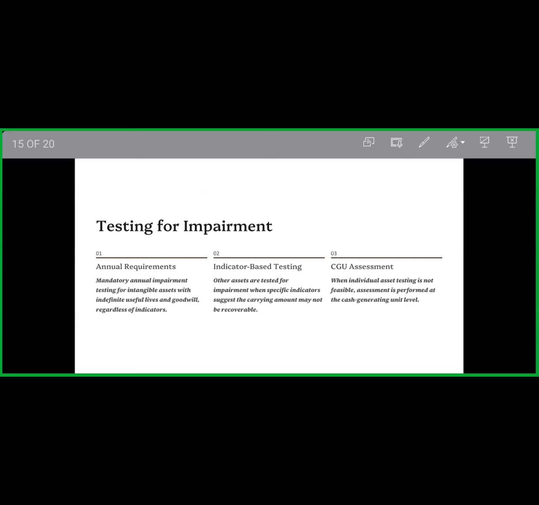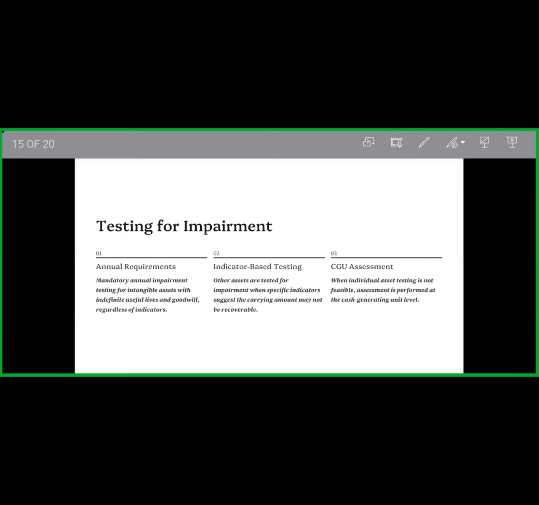Next one is the indicator based testing. Other assets are tested for impairment when a specific indicator suggests a change in the carrying amount. Whenever there are market indicators that the value of a specific asset in the market decreases, and the company holds that asset, then they can calculate the impairment losses.